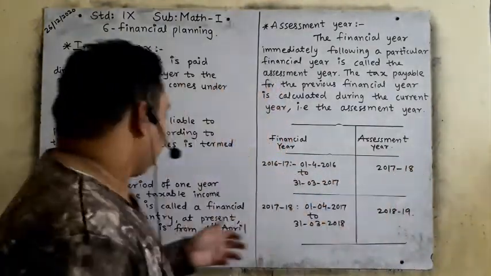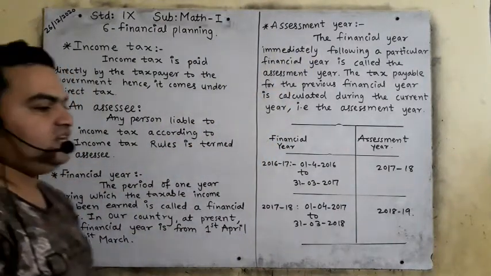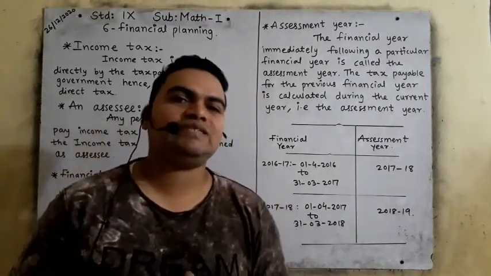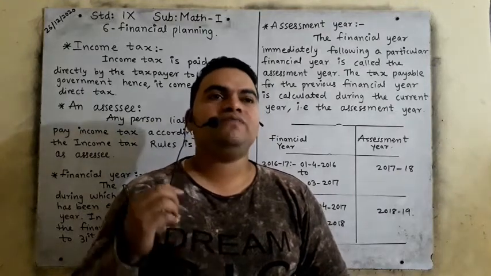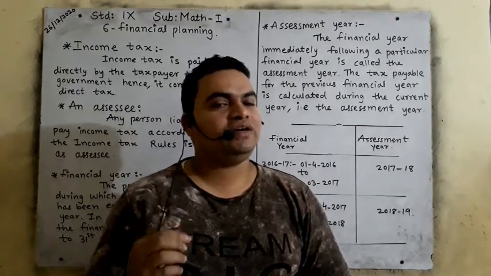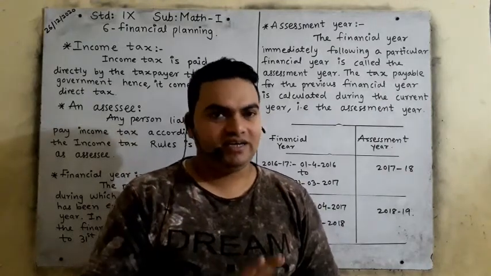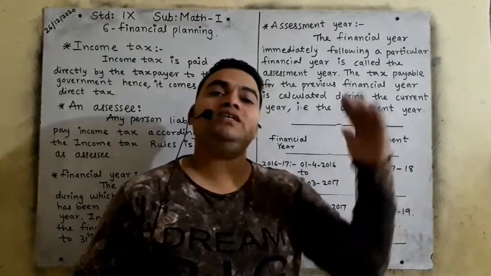Now we will see what an assessment year is. After the financial year, the next is the assessment year. In short, I will explain with the example of 2020. Suppose the financial year of 2020 started from 1st April 2020 and will end on 31st March 2021.